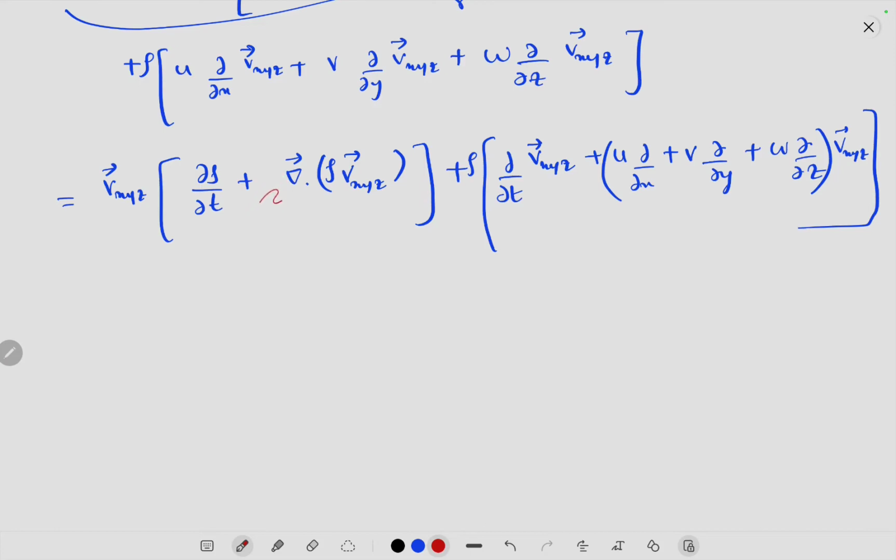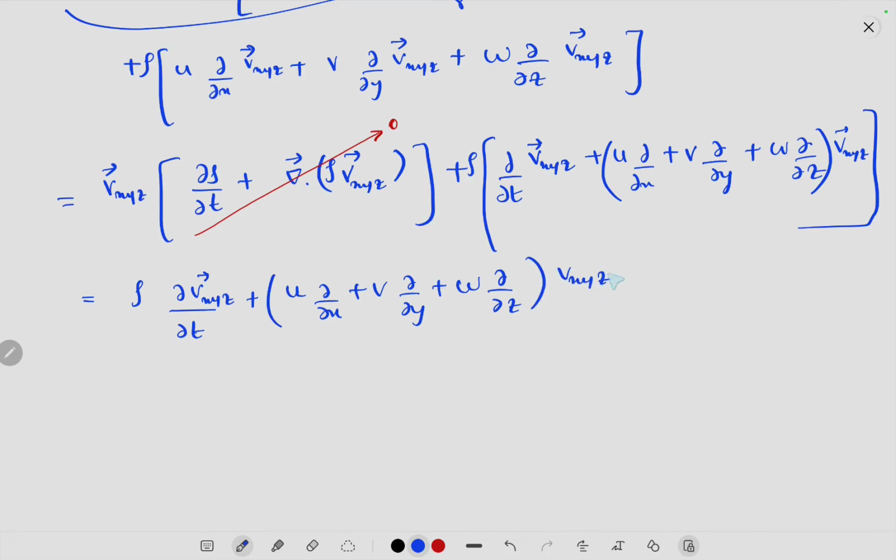Now from the continuity equation I know this term will be 0, so I'll be left with this term, which is rho del v by del t plus u del by del x plus v del by del y plus w del by del z times vxyz. Rho was multiplied on these terms also, so I have put a bracket here. If I take vxyz outside, this can be written like this.